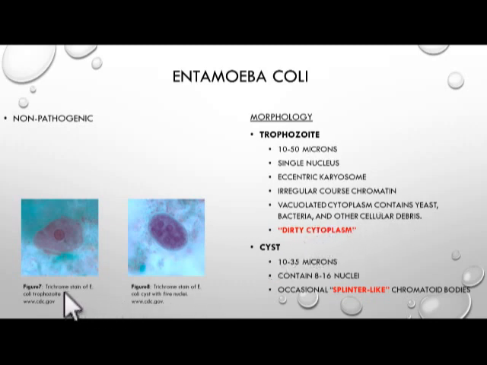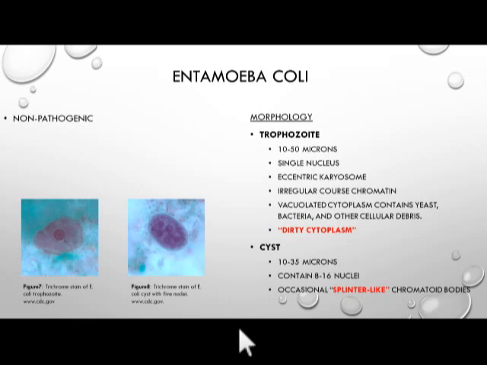And on the left here, we have a trichrome stain of Entamoeba coli with an eccentric karyosome and an irregular concentration of chromatin. You're not going to have that dense, compact chromatin as you would in Entamoeba hartmanni and Entamoeba histolytica. The cyst stage measures 10 to 35 microns and contains quite a few more nuclei, ranging from 8 to 16.